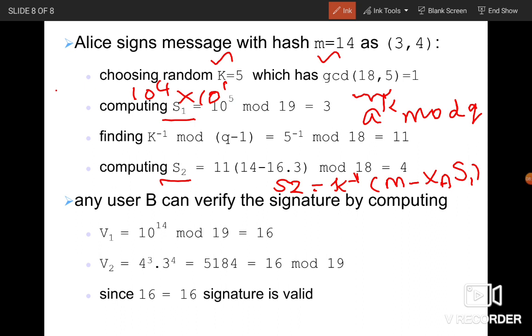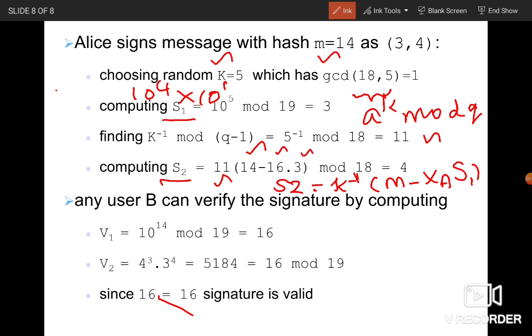K value is 5, so we have to calculate 5 inverse modulus 18, which equals 11. Refer to the RSA algorithm, where I have instructed how to calculate the inverse. So K inverse is 11 and M is 14. XA, that is the private key, which we have chosen as 16, and S1 is 3.